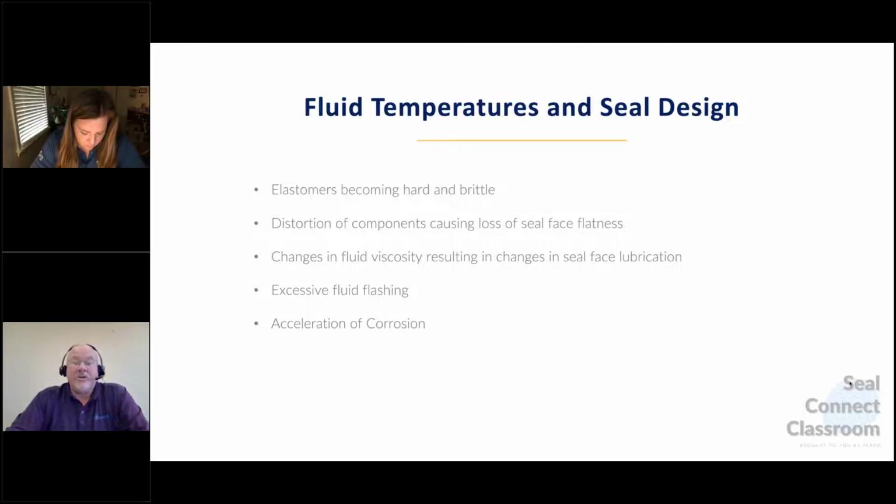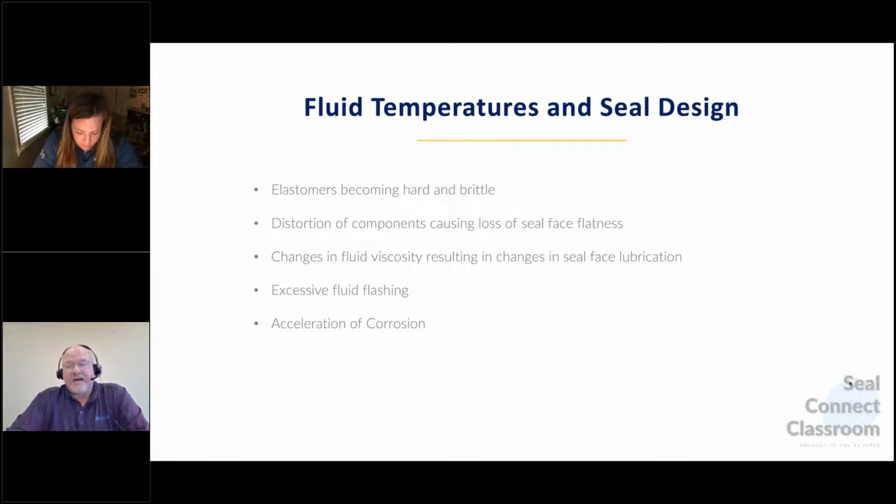So if you have applications that require Kalrez, please make sure that you have adequate inventory, maybe a couple of years' worth, because it's getting difficult to get those things. And we may have to resort back to using graphite wedges and those sorts of things in higher temperature applications because of availability of elastomers.